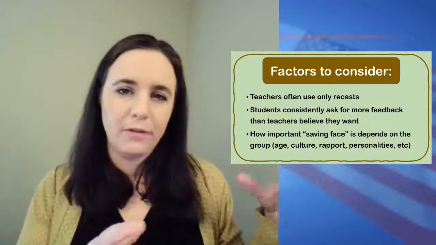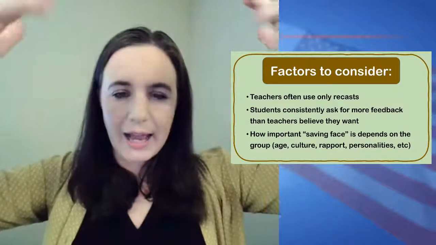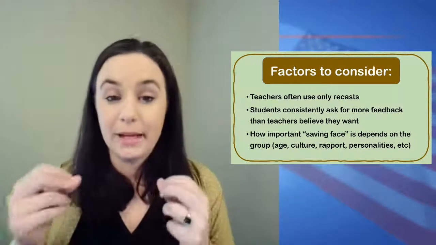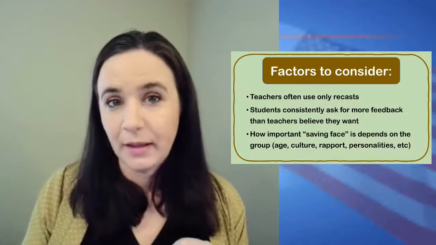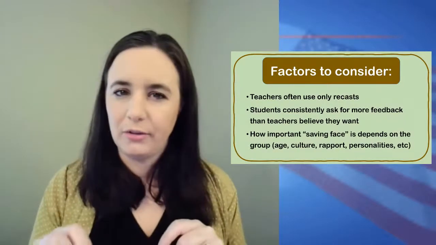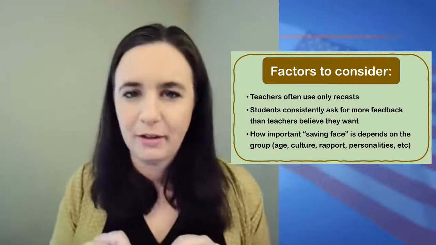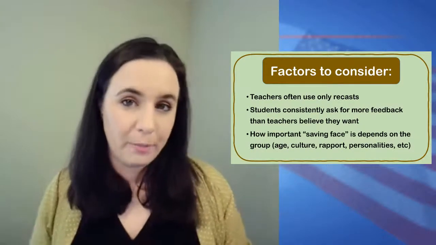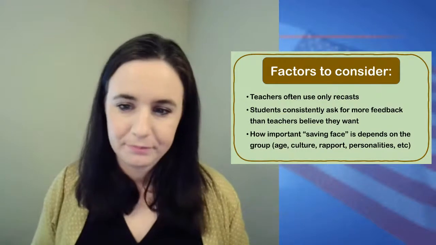We want to make sure that the affective barrier isn't high. We want them to participate, and that really becomes teachers' priorities. But then sometimes when you ask students, and I would say most of the time based on the research, students say they are more open to correction than we realize.